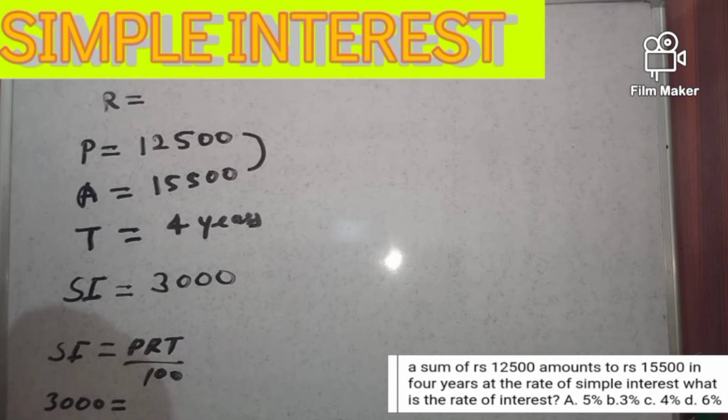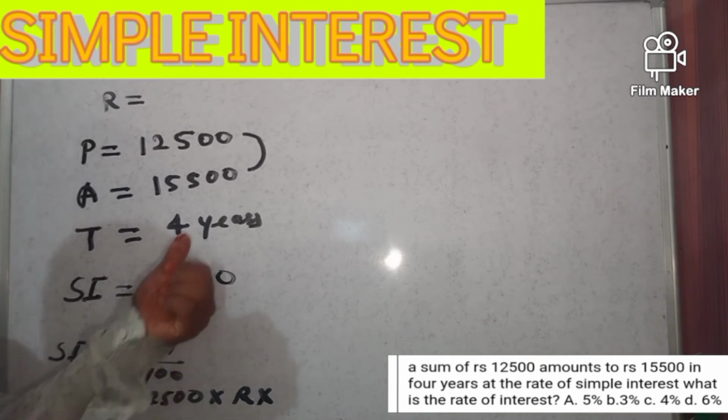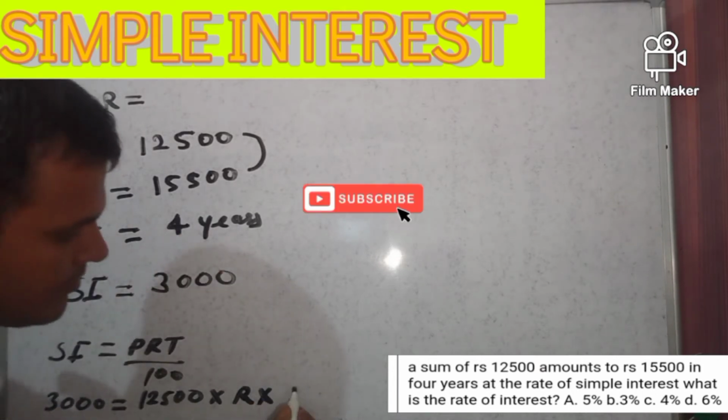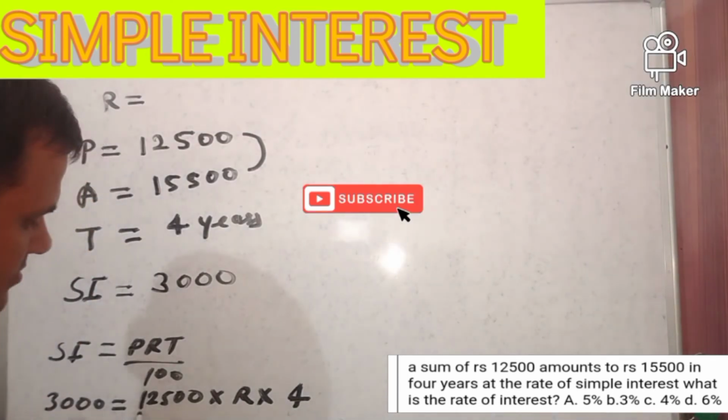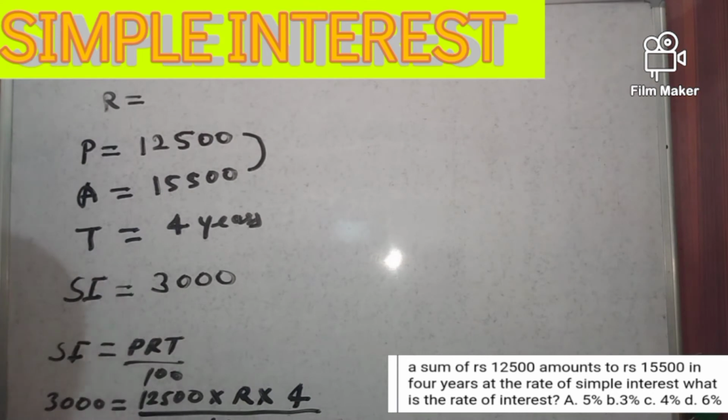right, is equal to principal is 12,500. Rate of interest is not given, so keep it as R, right, and time duration is given 4 years, so keep here 4 by 100. So 0 and 0 cancel.